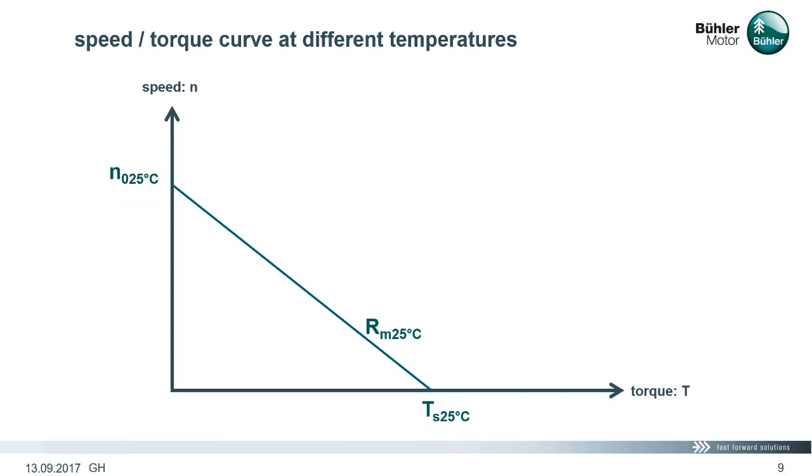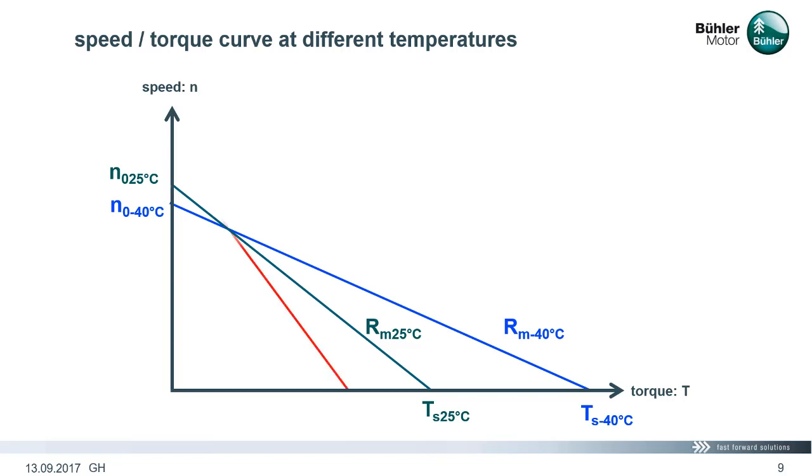To recap the aforesaid, here you see the speed torque curves of a specific motor at different temperatures. The knowledge of this behavior of the motor is important for the functionality in the application.